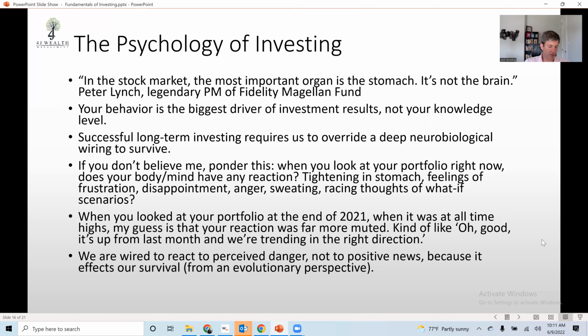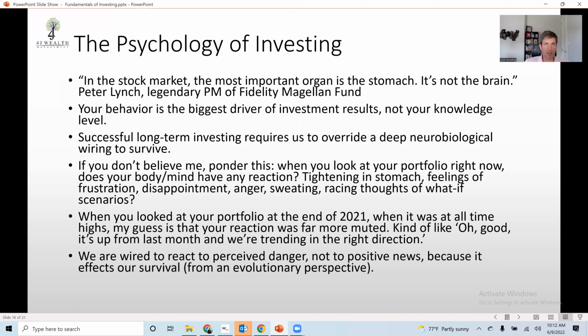I think one of the least talked about and most important parts of investing is the psychology of investing. Peter Lynch of the Magellan Fund, who's the legendary portfolio manager of the Magellan Fund, said in the stock market, the most important organ is the stomach, it's not the brain. And that really is because no matter what stocks you own, there's going to be a period of time where they're down significantly.